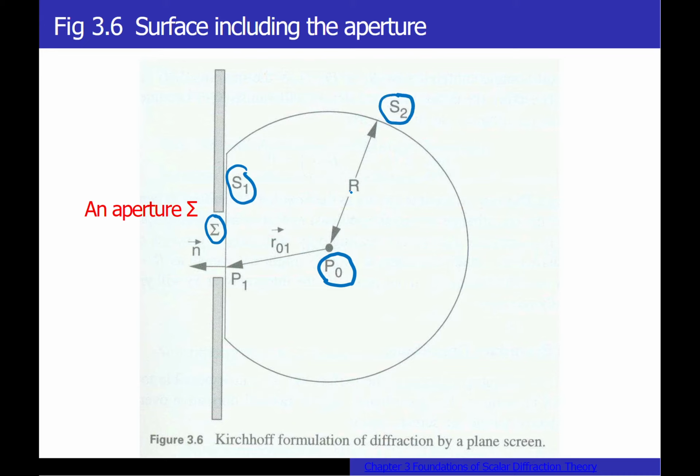S2 has a radius of R, and S1 is enclosing the aperture. What we would like to know furthermore is, for the given aperture, how we can get the scalar field component at P0, and how they are related. This is the question we are going to ask.